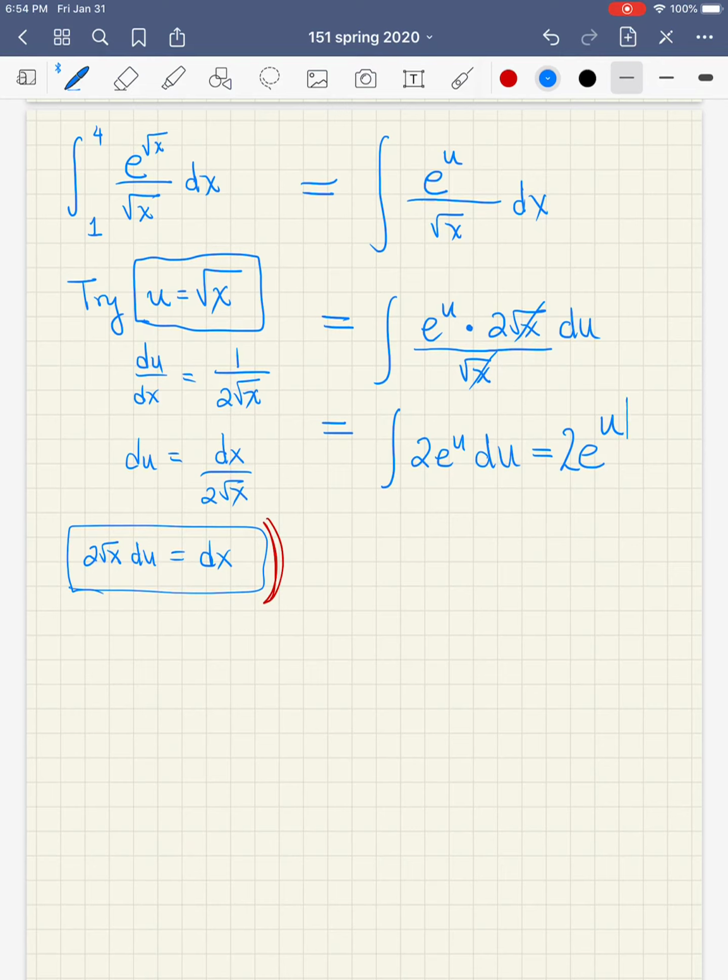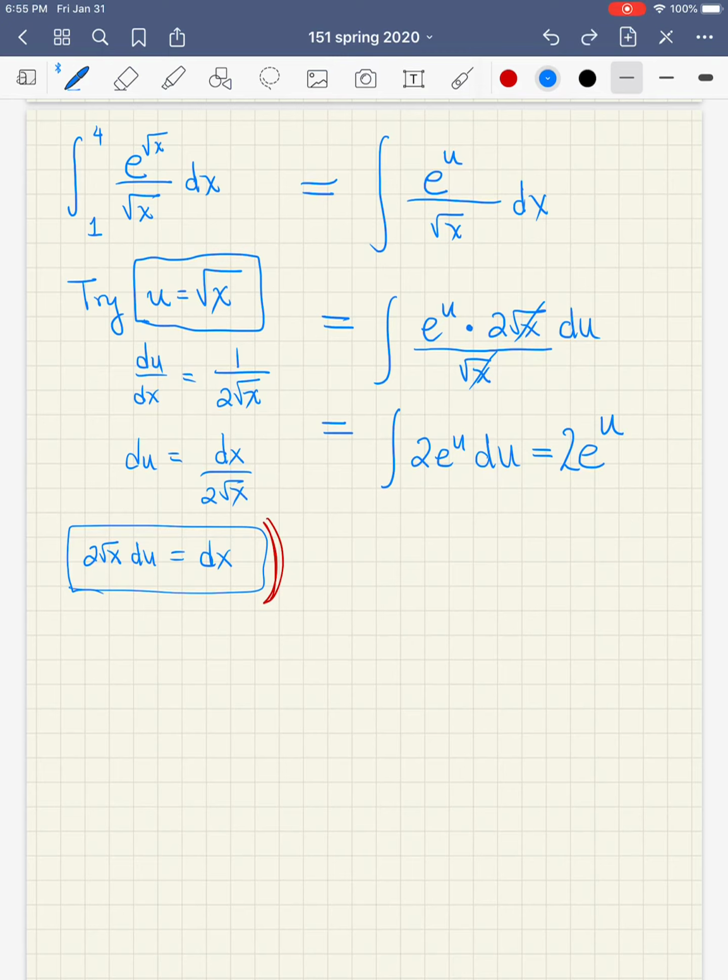And remember now that this is a definite integral, and for definite integrals, the answer needs to be a number, not a function. There are two ways that we can proceed. One way would be to rewrite everything in terms of x. Let me show you what that would look like.